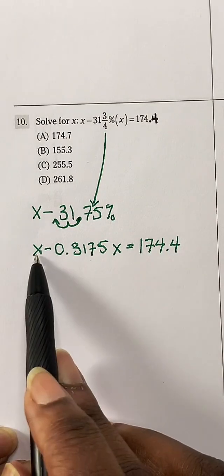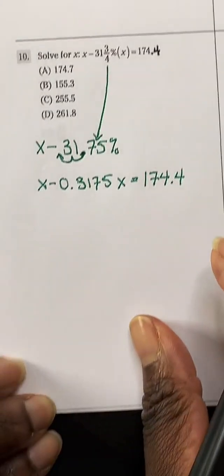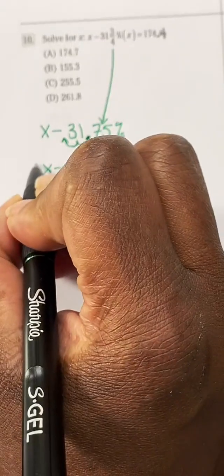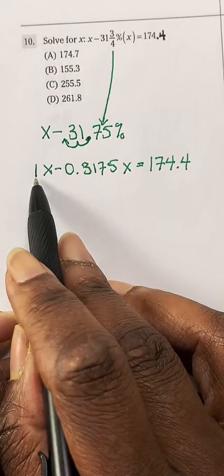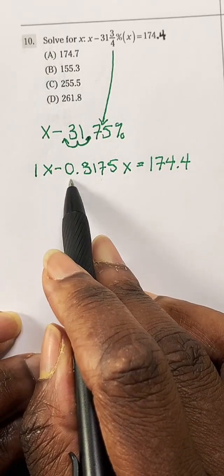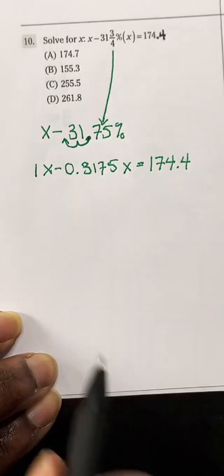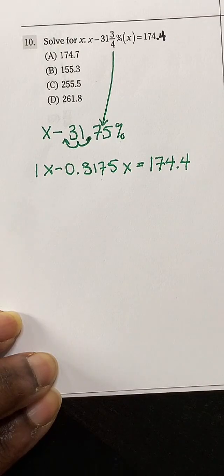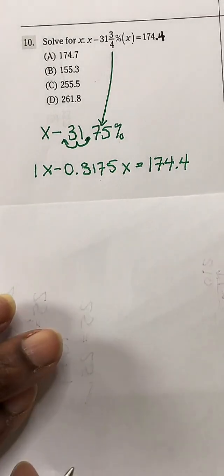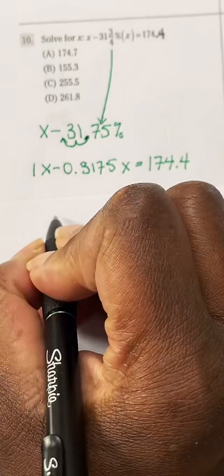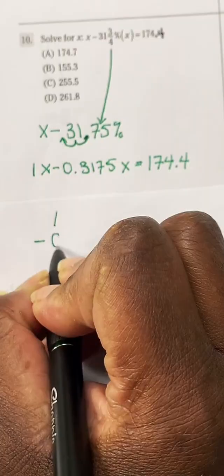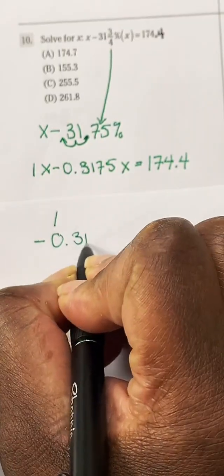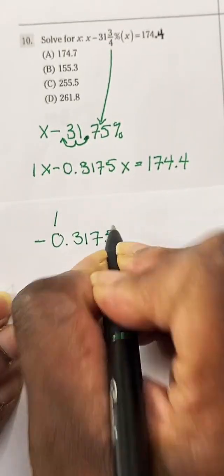So now, this x, there is a 1 in front of that x. So we're saying 1 minus this 0.3175. So if I may, I think I have a little bit of room on my little side paper. So it's almost like I have my 1 minus, and then I have my 0.3175.